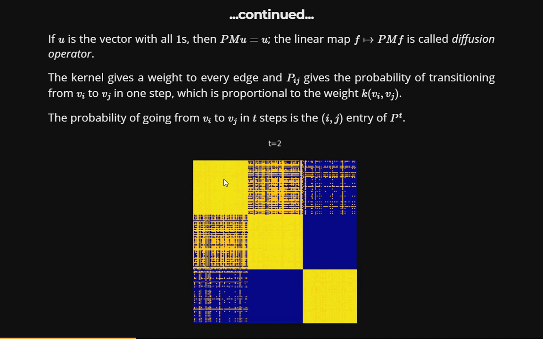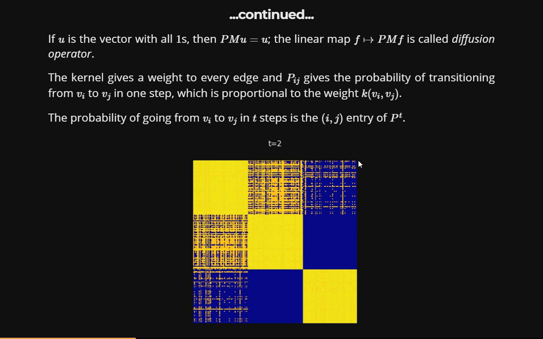You can clearly see that there are 3 clusters, and there is some probability transition from the first to the second, almost none from the second to the third, and slight probability from the first to the third. So this was the bottom left corner, this was the middle one, and this was the top right corner, the 3 clusters from before.